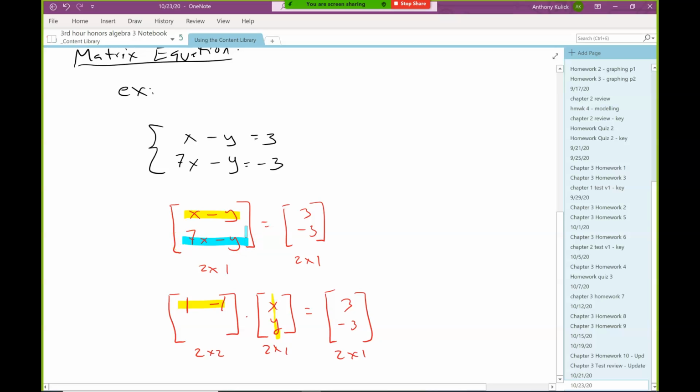Then I'll look at the second row up here. I would have gotten that entry by multiplying this row to the x, or to that column. So I would have multiplied the x by 7 and the y by negative 1.